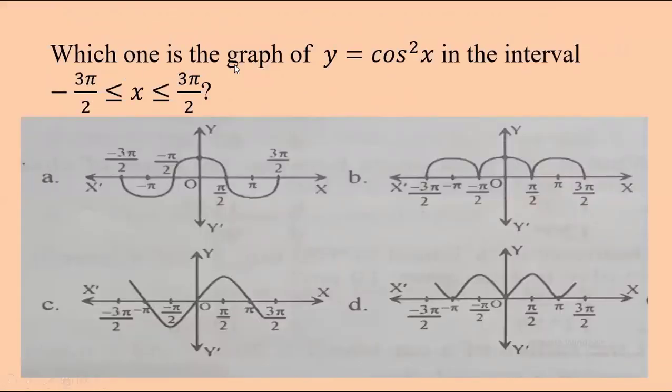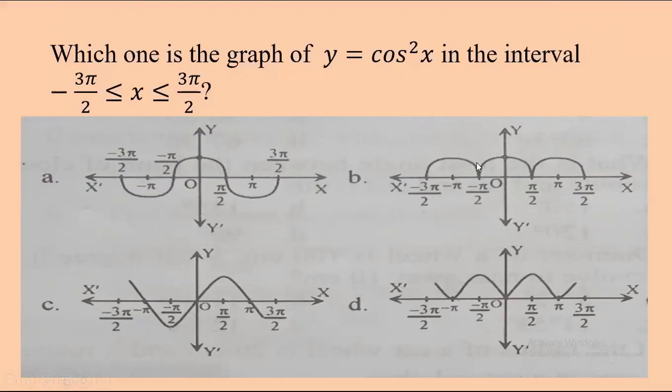Which one is the graph of y is equal to cos square x in this interval? So we have to take a decision on which one is the correct option. From this graph you see we will not get any negative value as the function is a square. So we can discard A and C firstly.